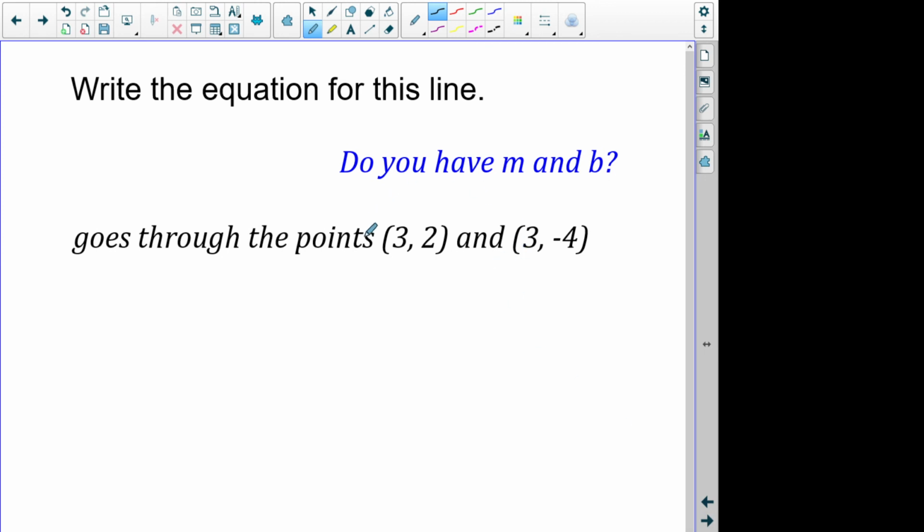And then for this one here, if I look at my changes in my x and y values, my y value is changing by -6, but my x value is changing by 0. So think about what that means, and we can work these problems in class.